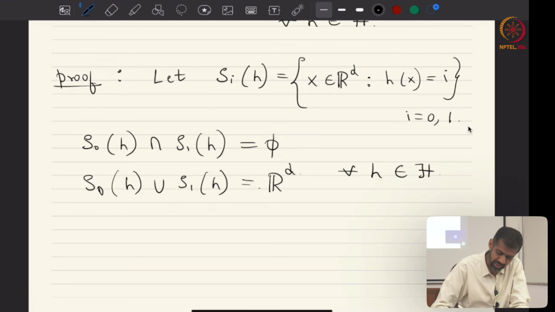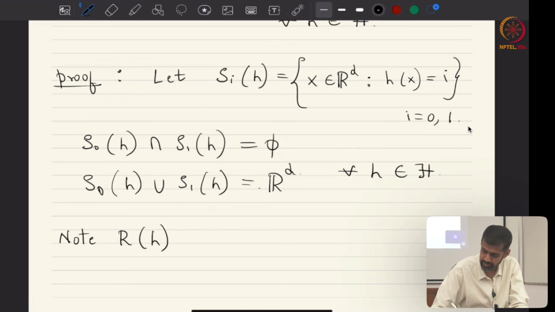One other side note: do I need that result now? I don't, but anyway, I'll note that the risk for this particular case is the probability of the indicator that h of x is not equal to y.